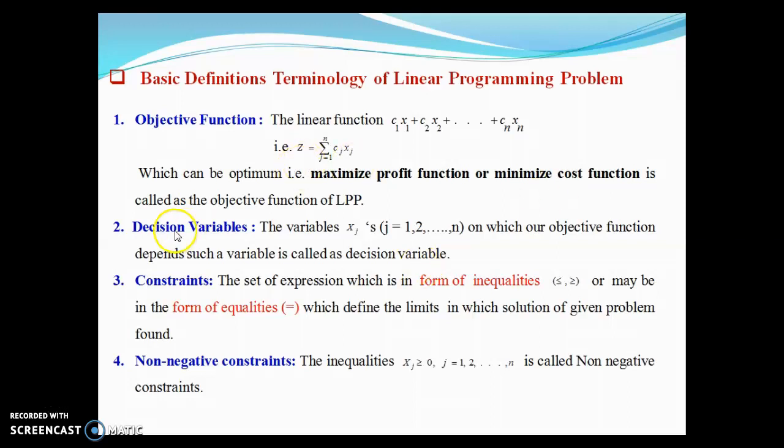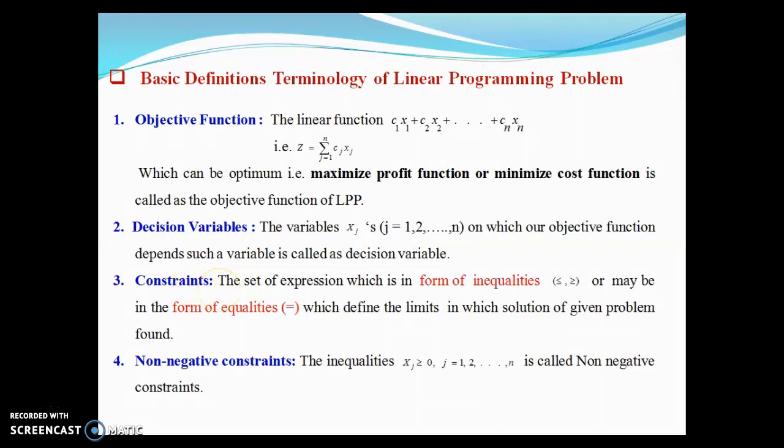Second one, decision variable. The variable xj, j equals 1 to n, on which our objective function depends, such a variable is called a decision variable. And third one, constraints, that is restrictions.